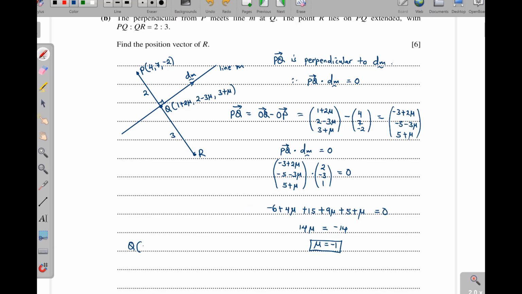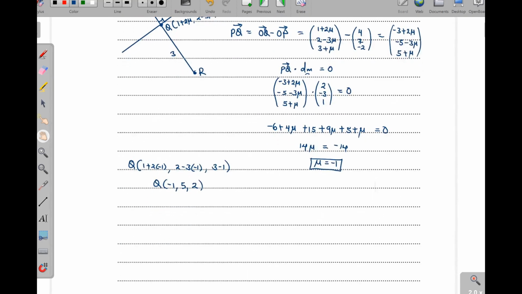You will have 1, then plus 2 times negative 1, then you have 2 minus 3 times negative 1, and then 3 minus 1. So what do we have? 1 minus 2, you get a negative 1. Then this one here is 3, then plus the 2, that one gives us a 5, and then 3 minus 2, that is a 2.